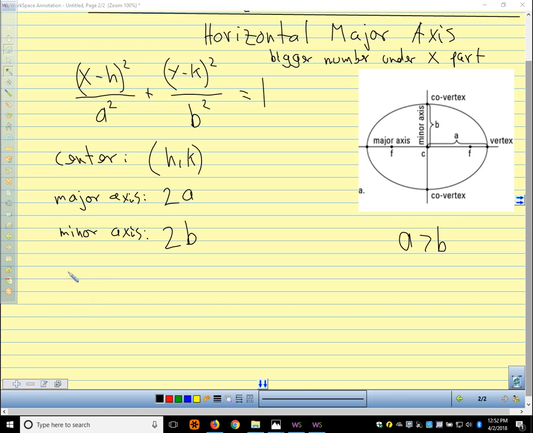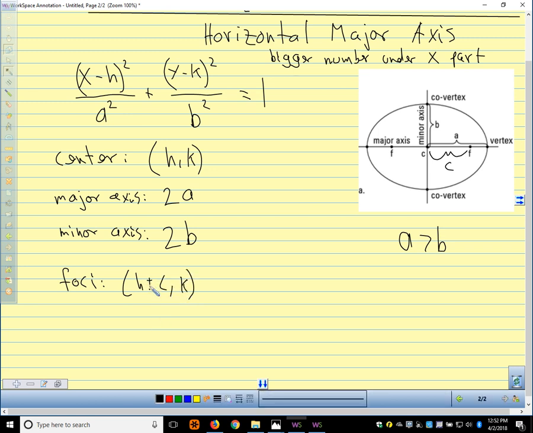The foci. To get to the foci from the center, we have to move left and right. And the distance that we move left or right is c. So our foci are going to be (h plus or minus c, k).